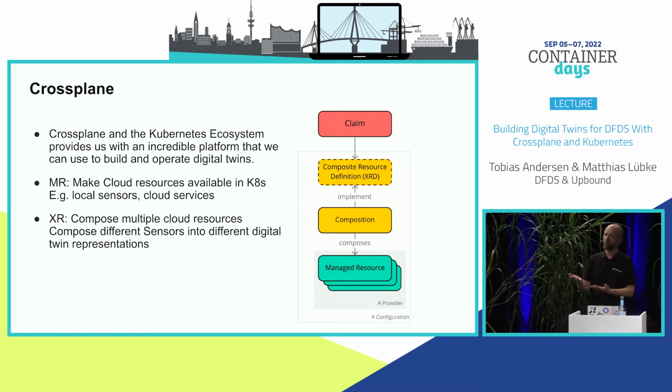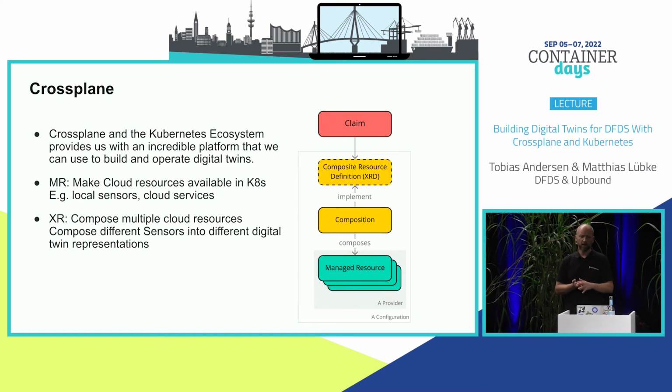I guess a short primer to Crossplane. Crossplane is a way of describing an external API within a Kubernetes cluster, within a control plane, as we say. And we basically have this abstraction layer on top of it where we can describe different resources. The typical examples are always these cloud resources.